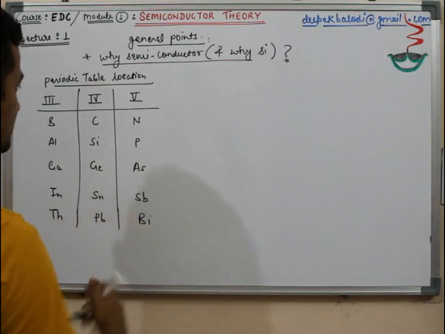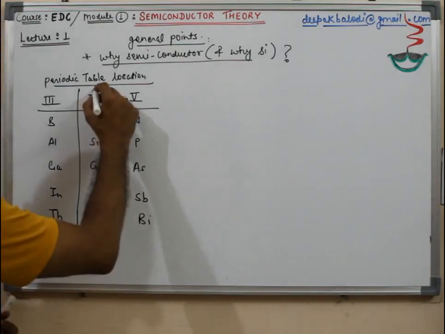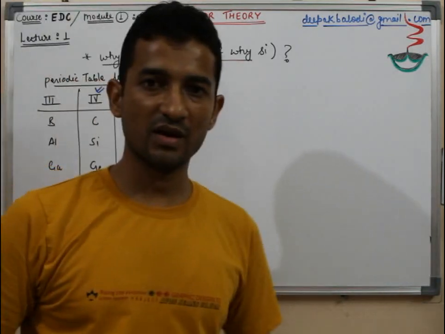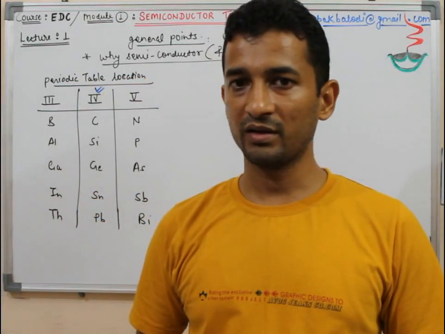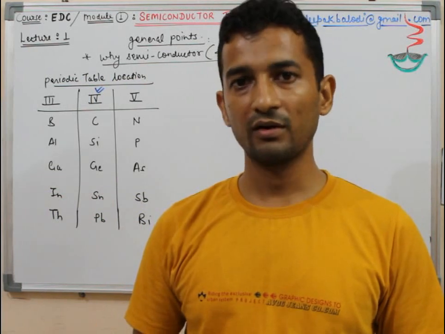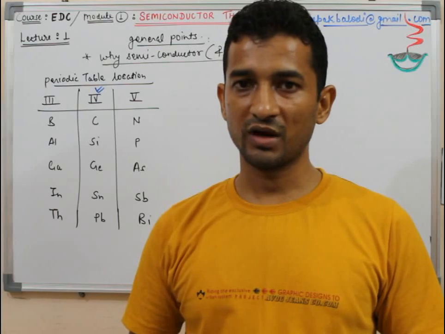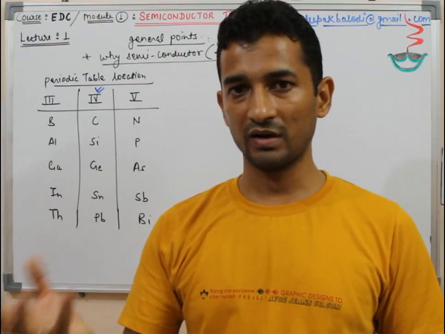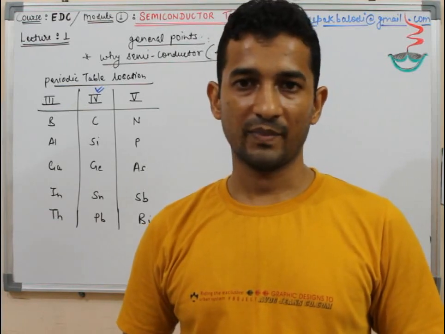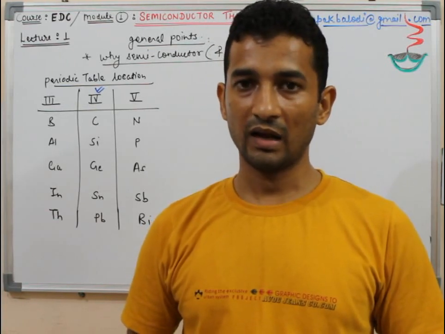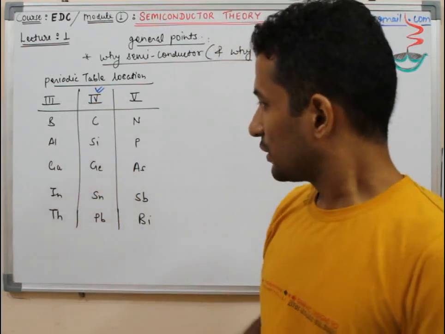Like that we have others, but it is only sufficient to see up to this. So this is the favorable column because we started our semiconductor theory by illustrating the fact that we are basically exploiting the breaking of covalent bonds. A covalent bond is basically formed when the outermost electron is not easily donated or easily accepted, and that can happen only if there are four electrons in the outermost shell, and that happens with the candidates of the fourth column.